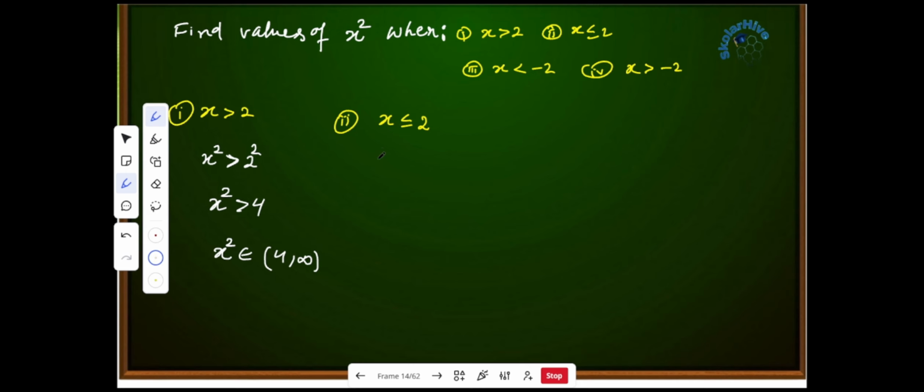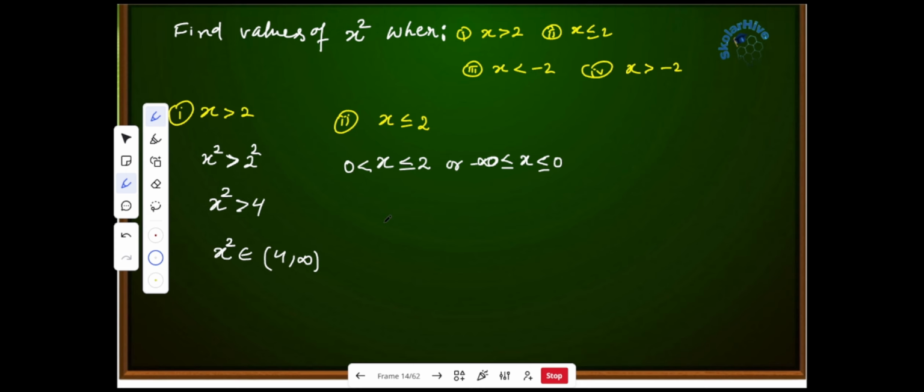So here we can find that x is either less than or equal to 2 and greater than 0, or x is less than or equal to 0 and greater than minus infinity. So these are the two possibilities we have.